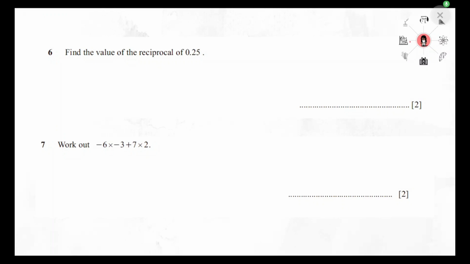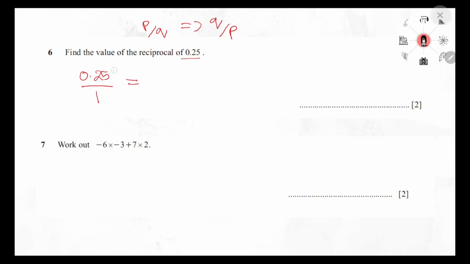Question 6 asks us to find the reciprocal of 0.25. By reciprocal, they mean to convert a fraction in form p by q to q by p. This switches the positions of the numerator and denominator. So first we write 0.25 as a fraction, which is 0.25 by 1.